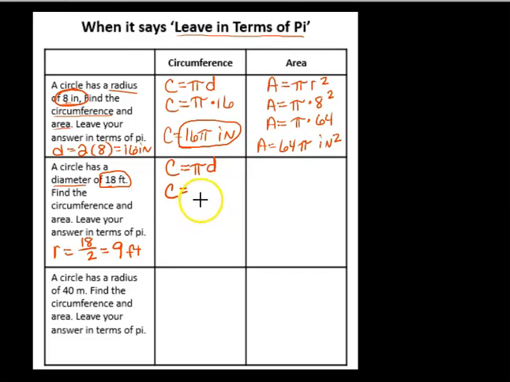So I would say pi, I'm not going to put 3.14 in place of it, times my diameter, which is 18. So my answer would be 18 pi feet.